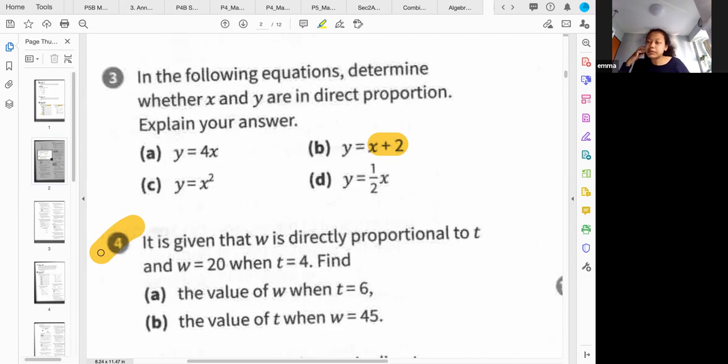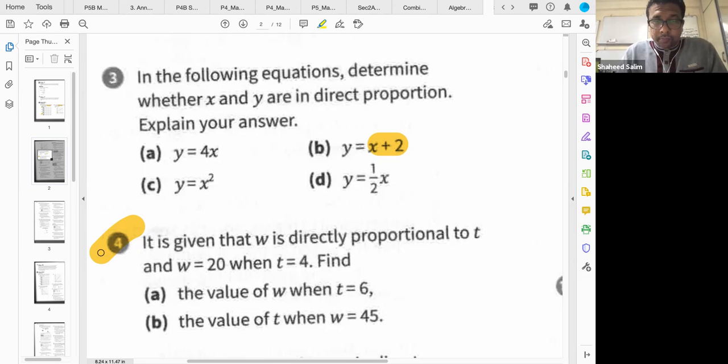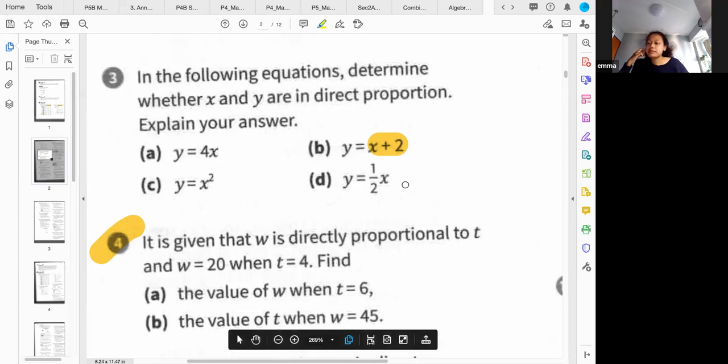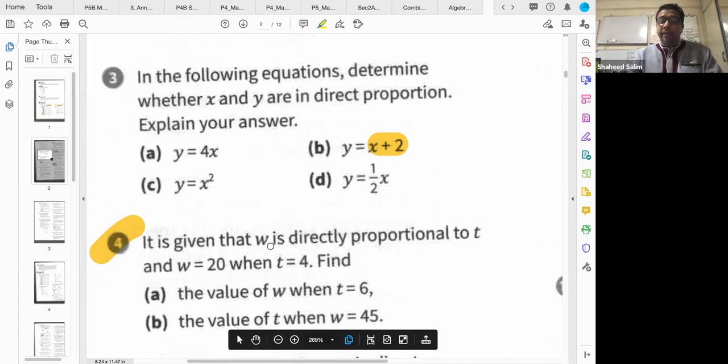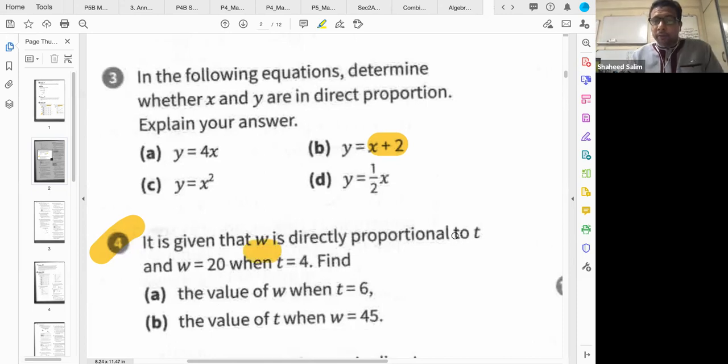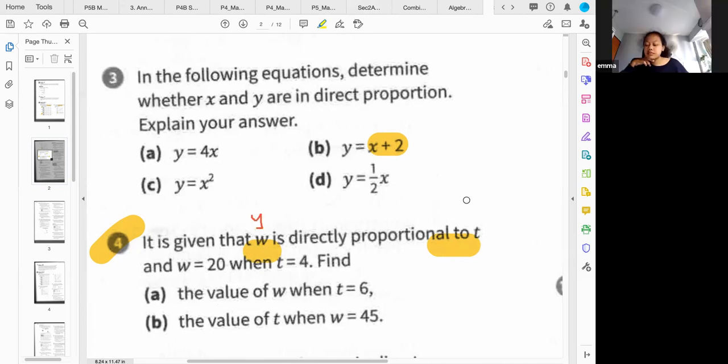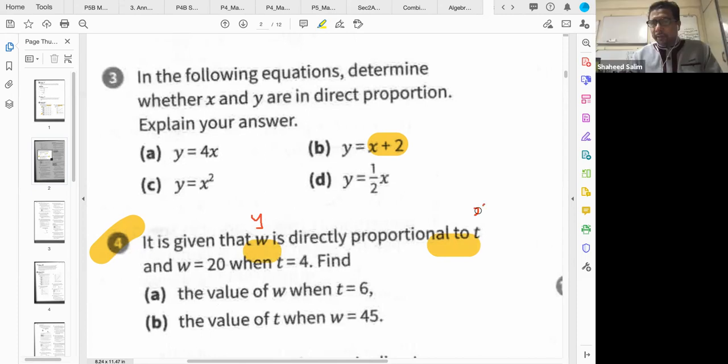W is 1.2. For A, is it? Okay. Did you find K? Do you remember what is K? 1/5. Okay, let us read this one properly. Normally they will write Y is directly proportional to X. Remember?